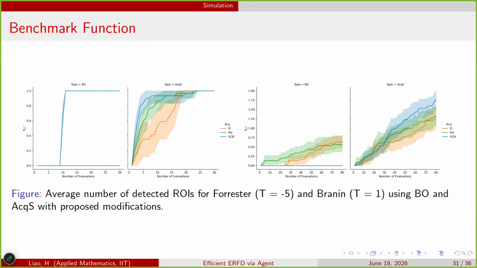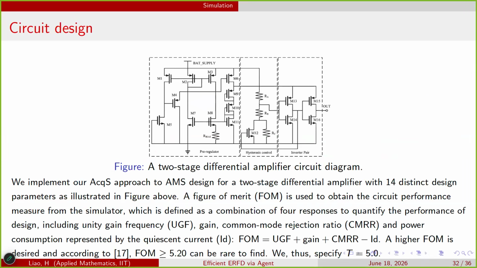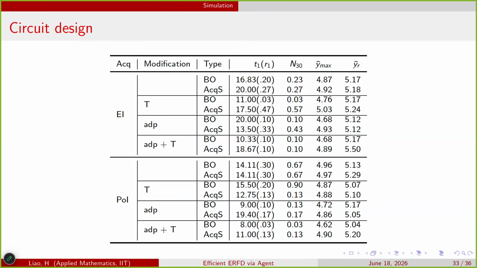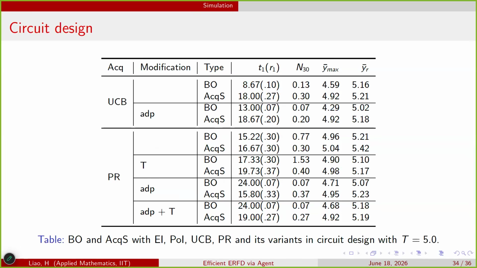So this shows it has more flexibility even when the problem gets harder. Of course, it will have less ideal performance, but it can still detect something compared to pure Bayesian optimization itself. And we also have an example for a circuit design, but they have similar information.